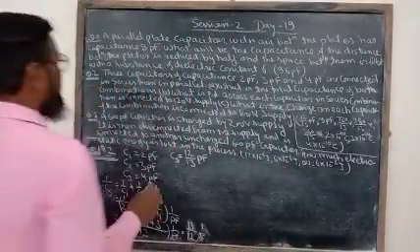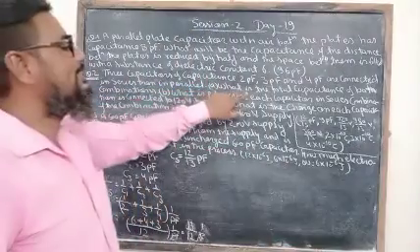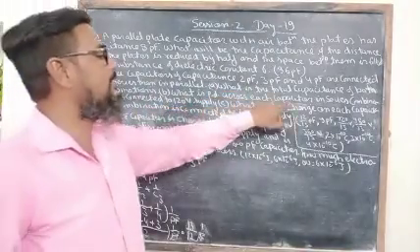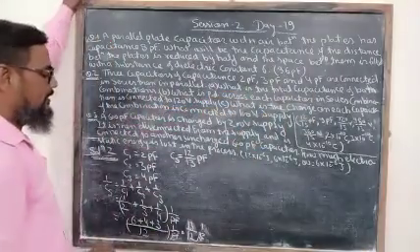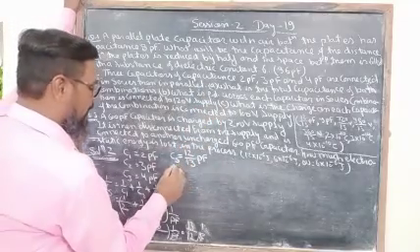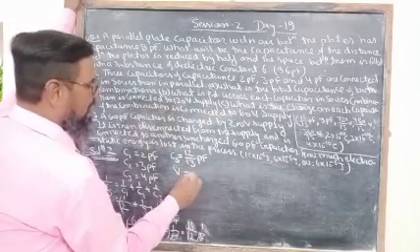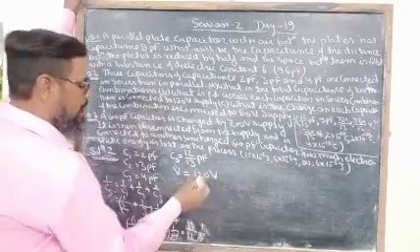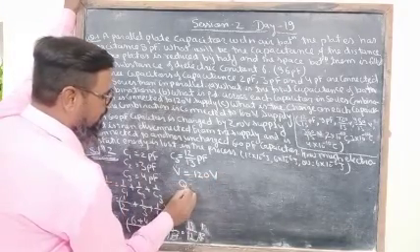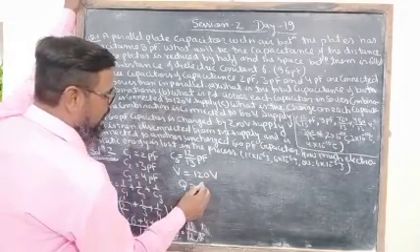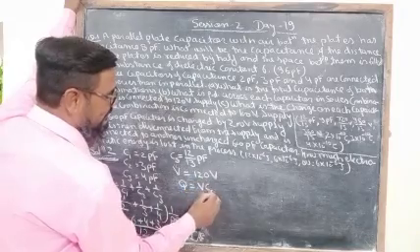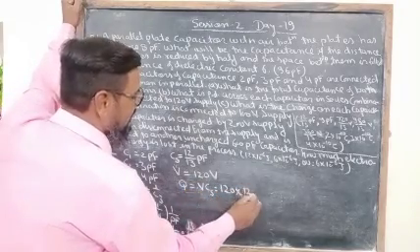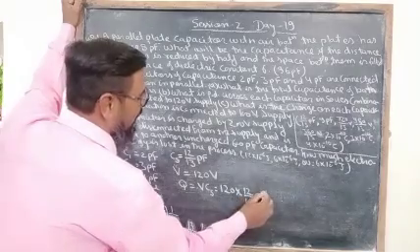And now we shall discuss the potential difference across each capacitor in the series combination, and the potential is given to us as a 120 volt supply. So we know that Q is equal to V Cs. The value of V is 120, the value of Cs is 12 upon 13 picofarad.